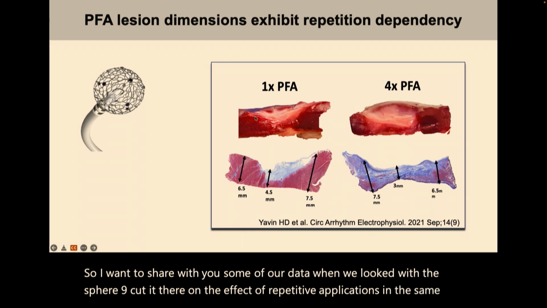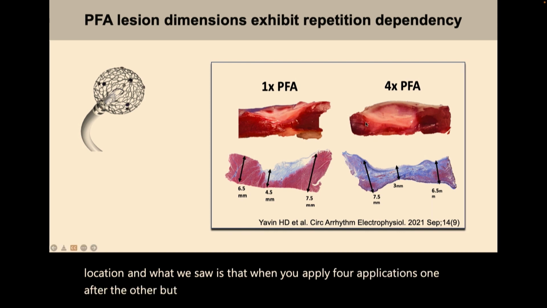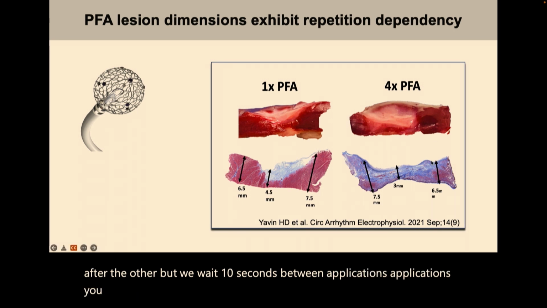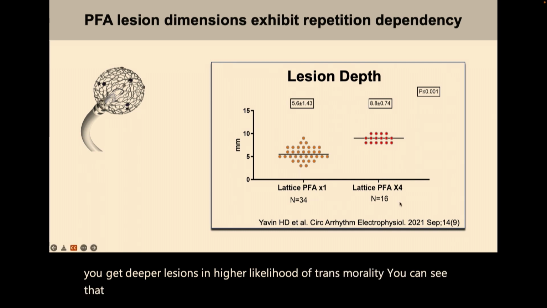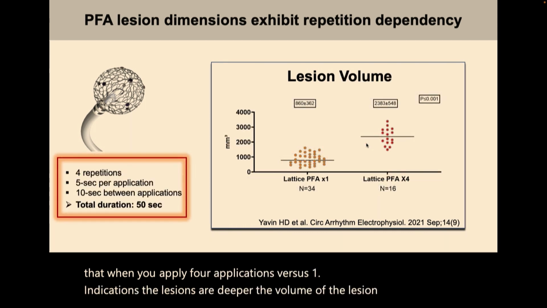And what we saw is that when you apply 4 applications, one after the other, but we wait 10 seconds between applications, you get deeper lesions and a higher likelihood of transmurality. You can see that when you apply 4 applications versus 1 application, the lesions are deeper. The volume of the lesion is bigger.